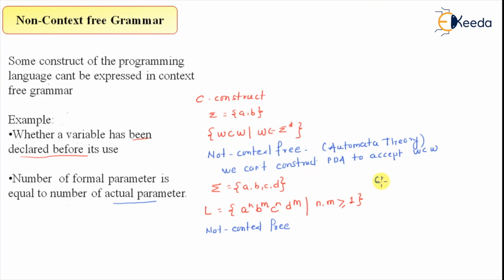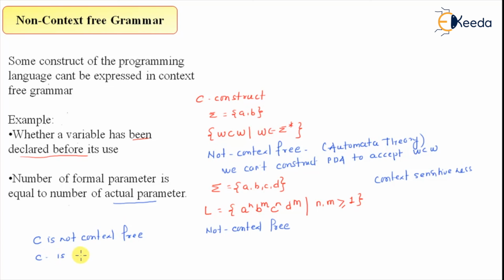Some constructs require context sensitiveness. So what type of language is C? We cannot say that C is not a context-free language entirely, because we cannot represent it entirely.